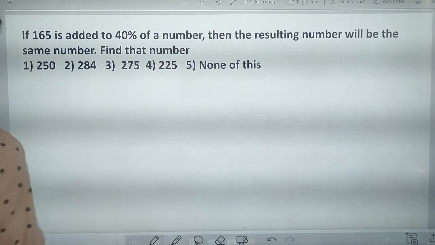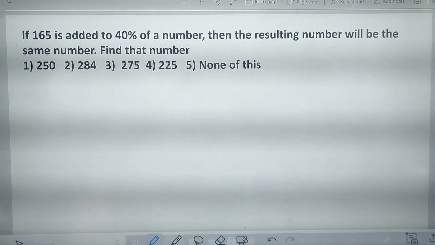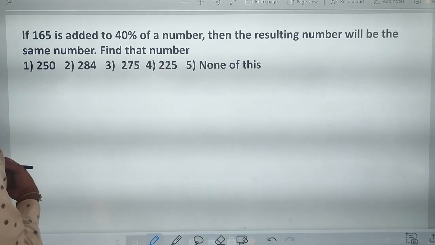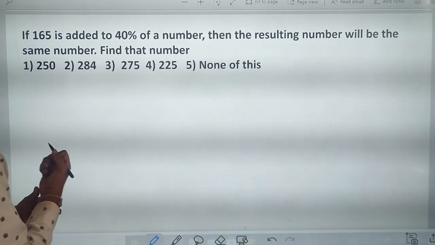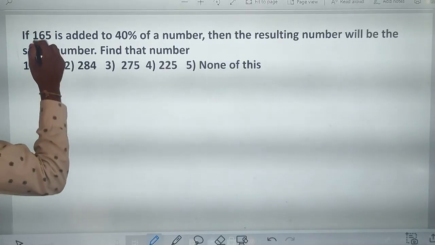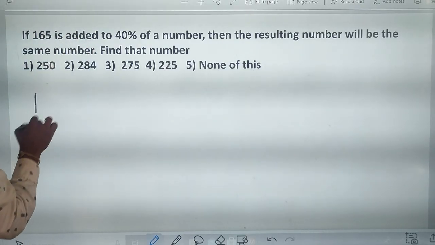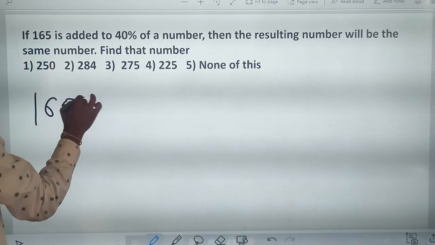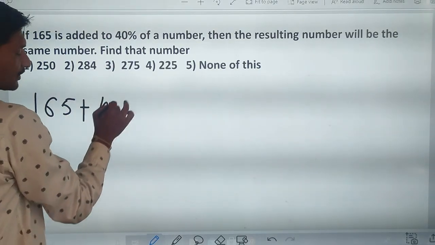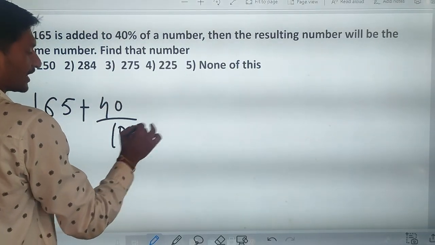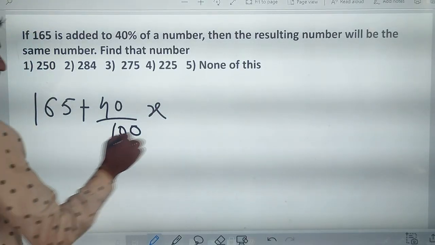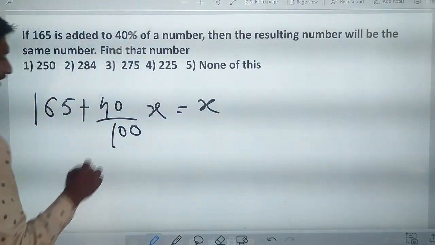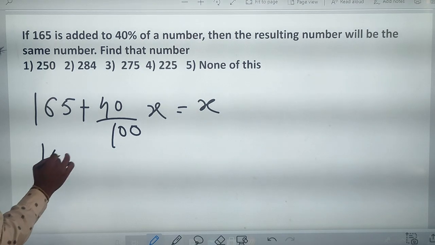Now next, if 165 is added to 40% of the number, then the resulting number will be the same number. The number is 165 added to 40% of the number. This number is x, then 40% of this number is added and the same number is obtained.